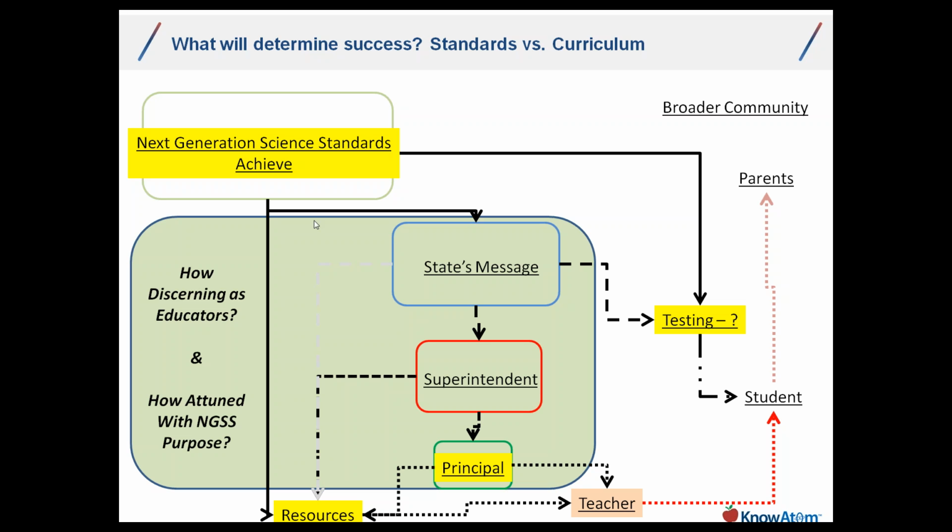So this sort of green box is really where the battle is won or lost, because superintendents and principals who are not attuned and aren't particularly discerning are not going to develop their own resources or adopt resources which reflect the Next Generation Science Standards as they're intended. If a state doesn't budget for it or a superintendent doesn't budget for it, that's going to be difficult.